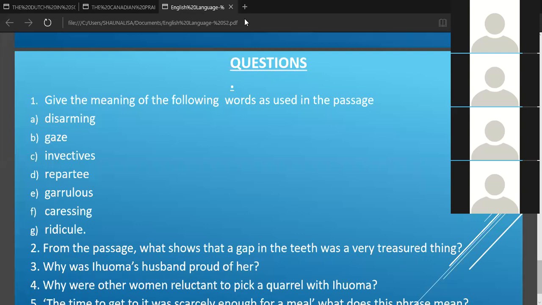Anyone have a different answer? Can I answer? Yes. To gaze is to look at someone in admiration.